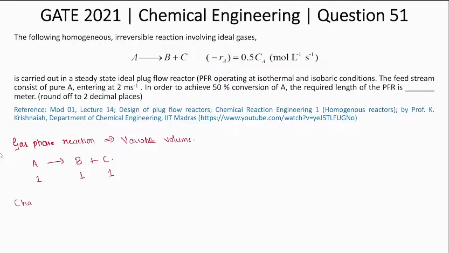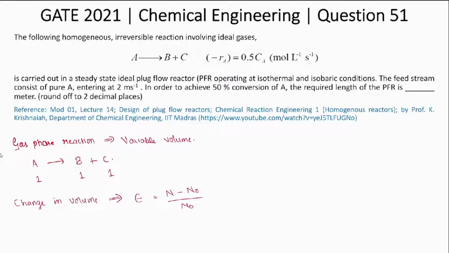Right. So the change in volume we can accommodate by finding epsilon, which we can find as n minus n0 by n0. So n is the total number of moles of product that is coming out of the system minus n0. n0 is the total number of moles that is fed into the reactor.